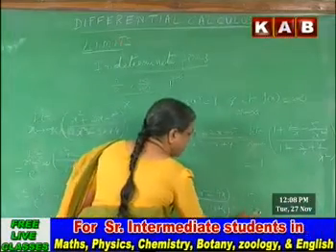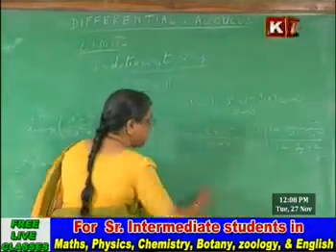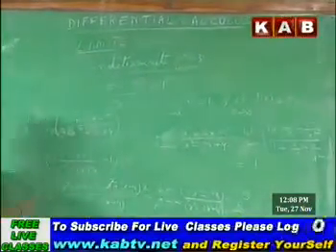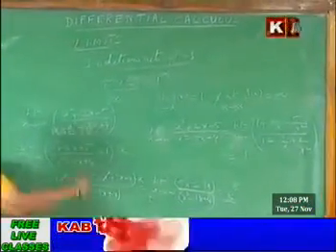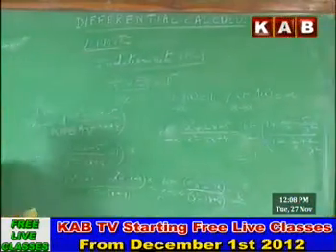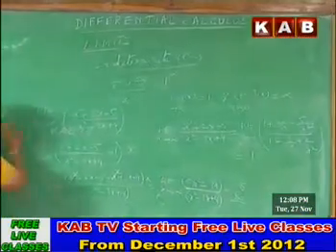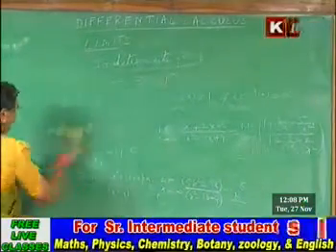So, e power 5 is our limit. Limit of this is e power 5. So, this is 1 to the power of infinity form. This is one more indeterminate form.